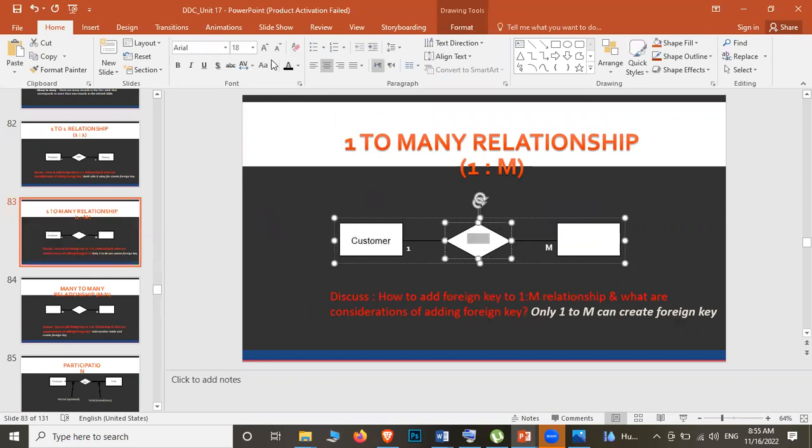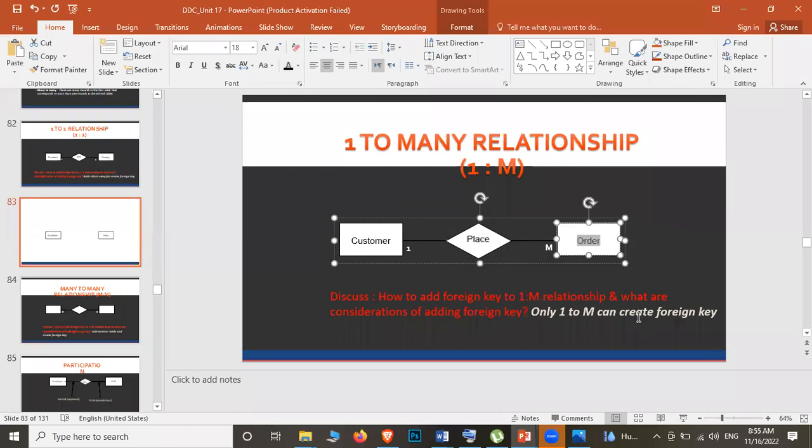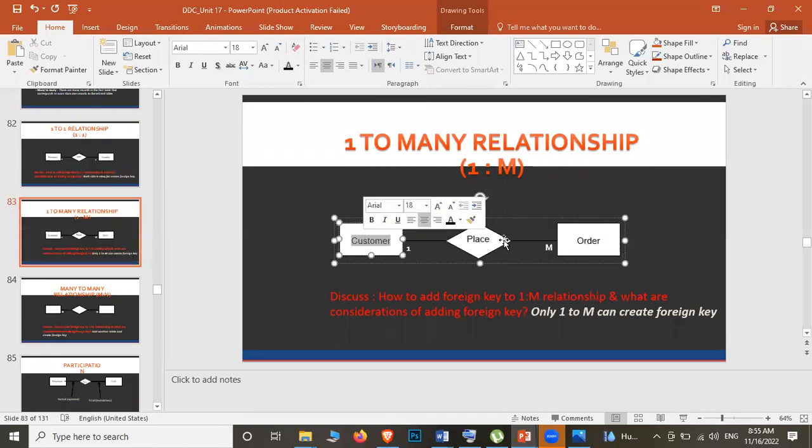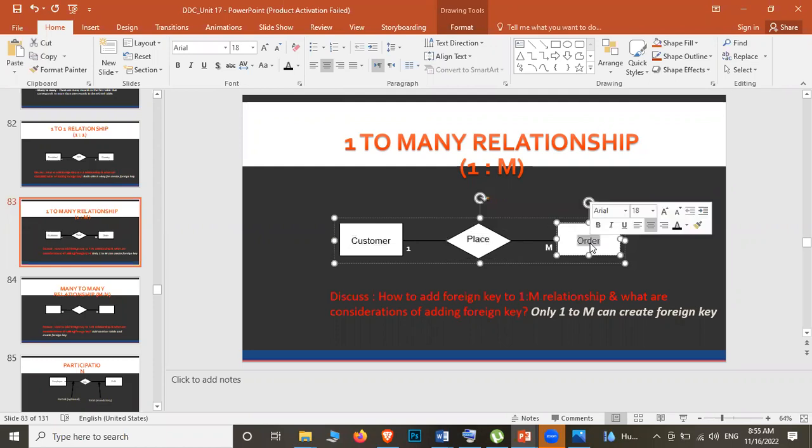Customer, place, order. One customer can place many orders in a supermarket, but that order can be placed by whom? One customer. නේද? ඒ order එකම අරන් වෙන කාට හරි දෙන්න පුළුවන්ද? නෑ නේද? So one to many relationship එකට අපි කියනවා this should be what? This should be in.